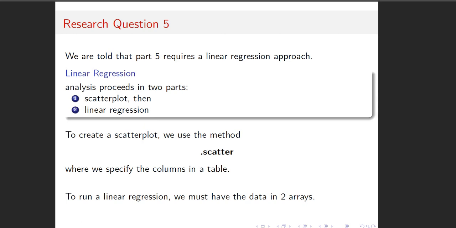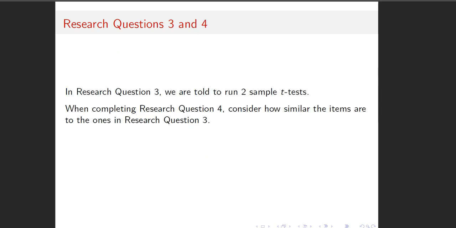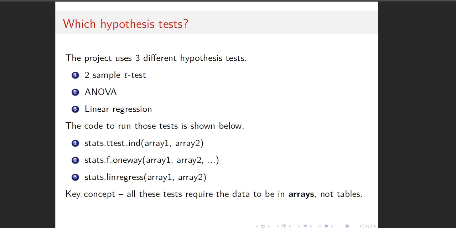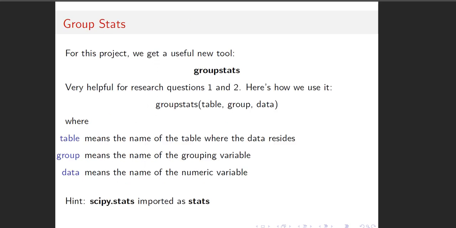Okay, so those are the big tips that I have for you. Again, to remember this, in the project, we imported scipy.stats as stats. So that's what we're going to call.